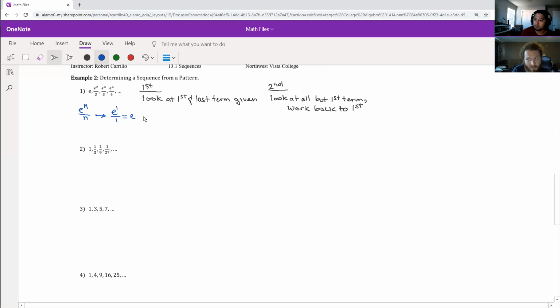And then we get the rest of them after that, where we just get e squared divided by 2, e cubed divided by 3, and so on. So this set will be equal to the sequence e to the n divided by n.